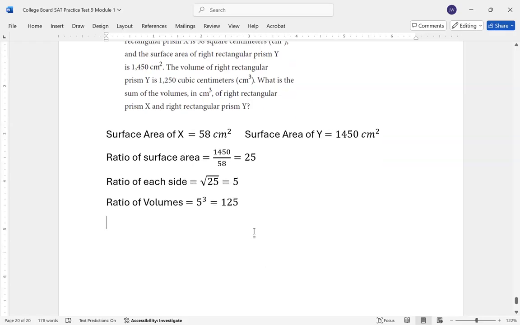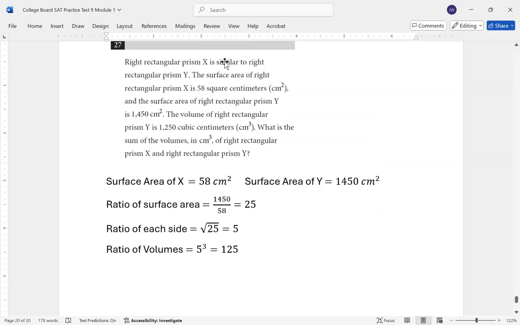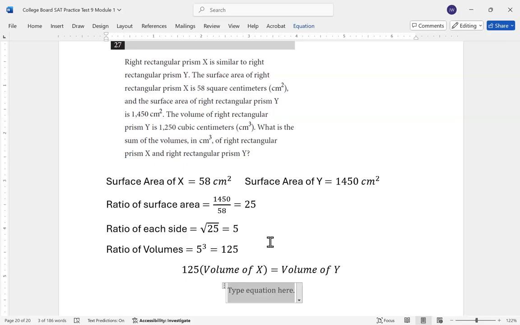Hopefully that makes sense. So since we know that the volume of Y is 1,250 cubic centimeters, and we know that X is the smaller figure, the volume of X multiplied times 125 gives me the volume of Y. So the volume of X times 125 is the volume of Y. And we know the volume of Y from the problem at hand is 1,250.